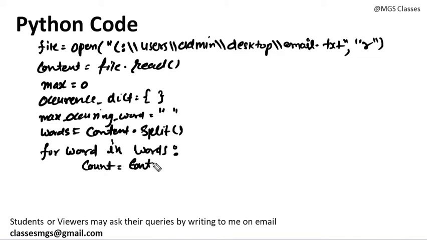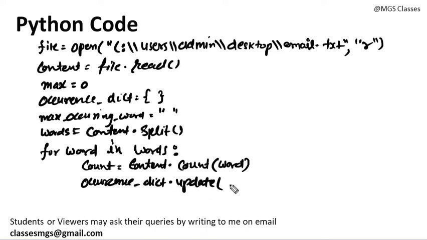So content.count(word) will count how many times the particular word is appearing in the entire file content, and then we are going to update it into the dictionary. So occurrence_dict.update method we are going to use, and simply insert the word as a key and count as a value.